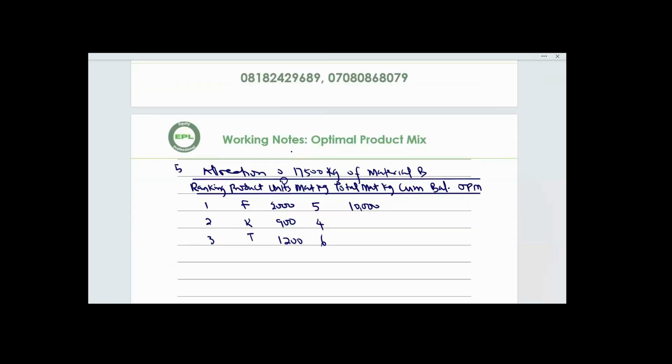Being the first allocation, cumulative is 10,000. 10,000 minus 17,500 will give us a balance of 7,500 after the first allocation. Then how many units of product F are we producing?